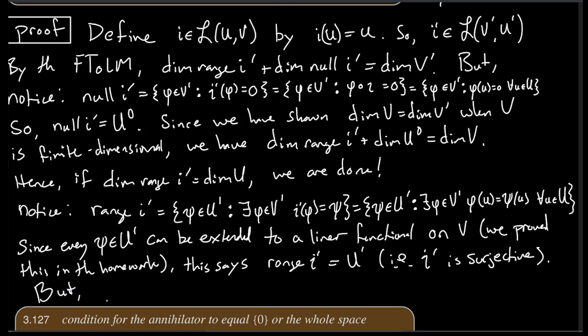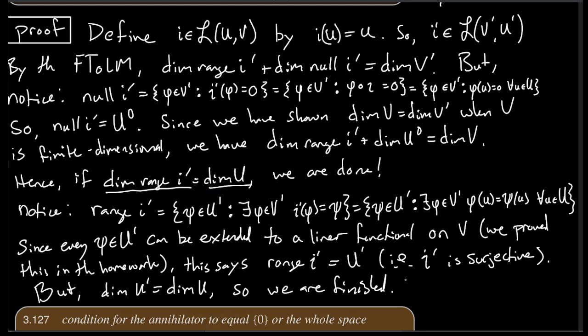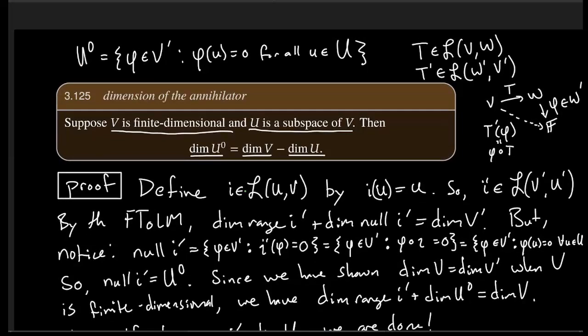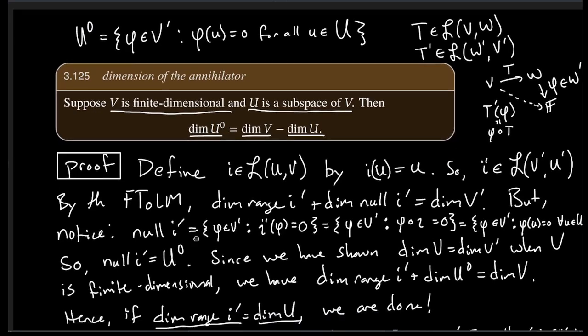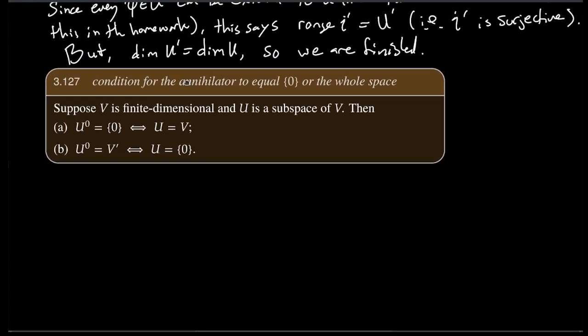But notice the dimension of U prime is equal to the dimension of U. So we are finished. That is, we showed that the range of I prime is U prime, and the dimension of the range of I prime, here we go, is equal to the dimension of U. Nice. All right, so we've got a good formula for the dimension of the annihilator of a subspace of a finite dimensional vector space. Pretty cool.